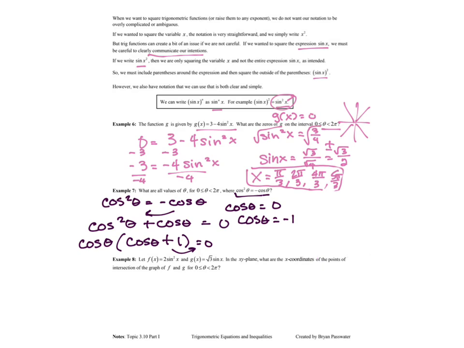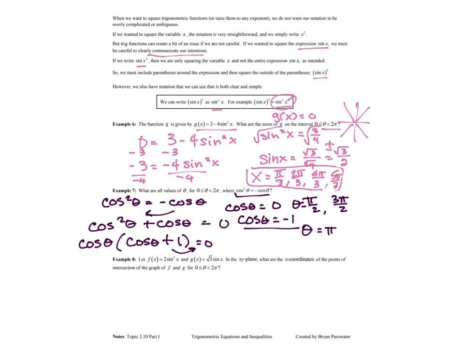Cosine theta equals 0. When? Pi over 2 and 3 pi over 2. Nice. Cosine theta equals 0 at pi over 2 and 3 pi over 2. And then equals negative 1 at pi. Cosine theta equals negative 1 when theta is pi. We're swinging to the left right there.